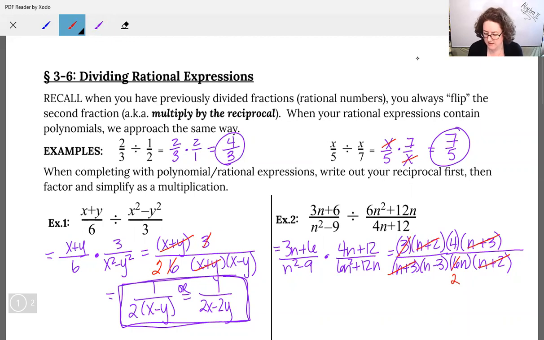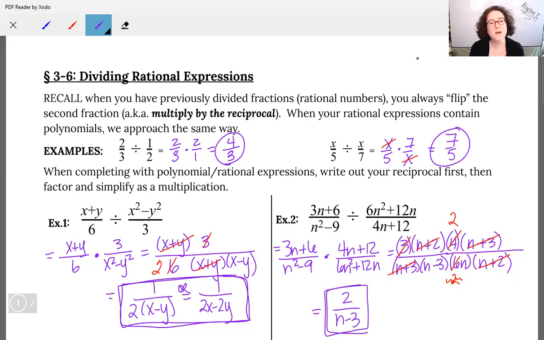I can now take this 2 and simplify with the 4 in the numerator, leaving just a 2 in the numerator. Okay, the only other thing I have is an n − 3, no other extra factors I can simplify out with. So my final answer becomes 2 over n − 3. Simplifies way down to a simple expression. Okay, example 3.